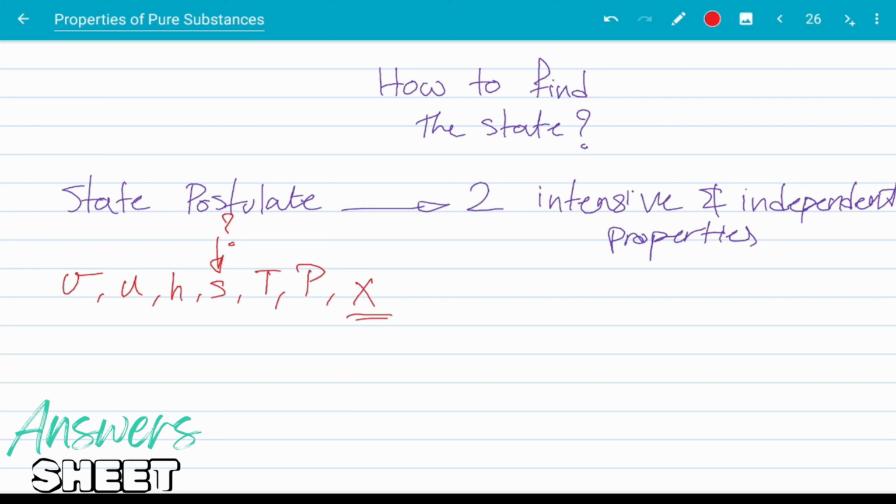But even if we have two independent and intensive properties, how can we use them with a table? So let's get to it. Let's say you are given the temperature and the specific volume of a system. What you can do is check the property tables.